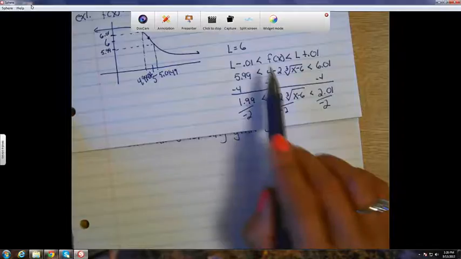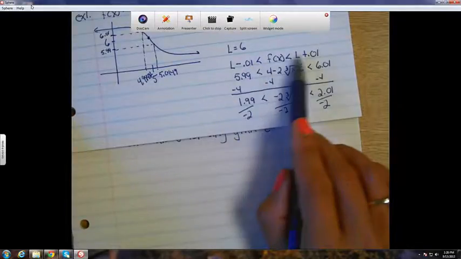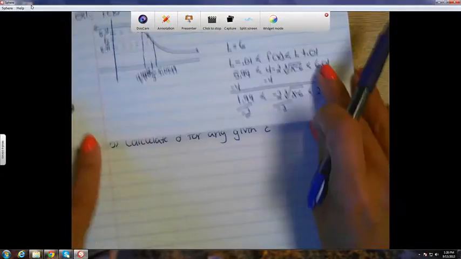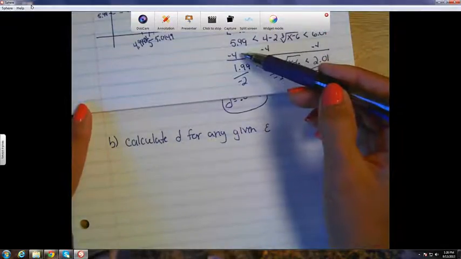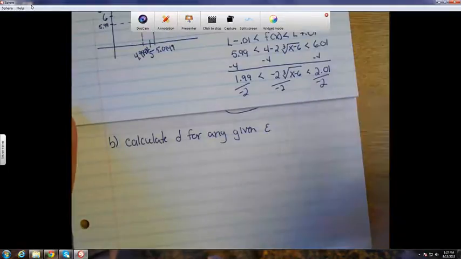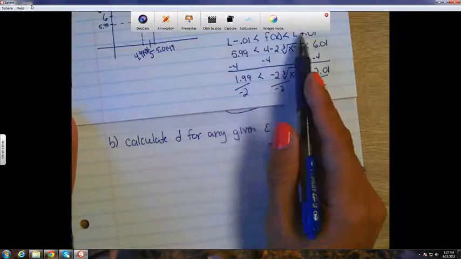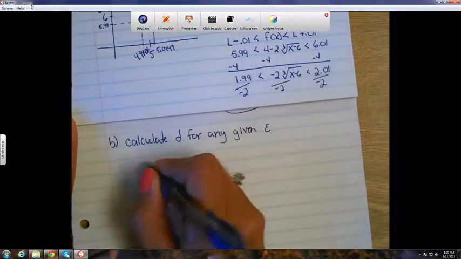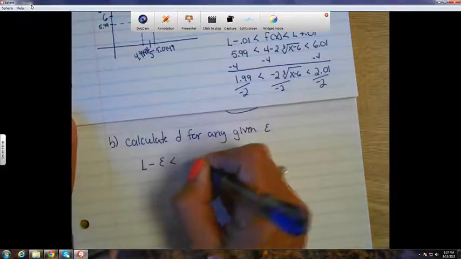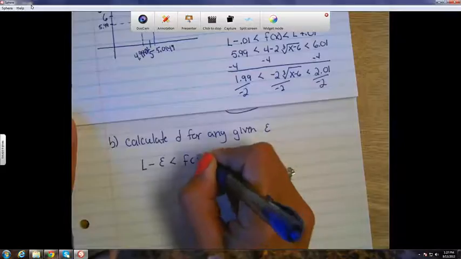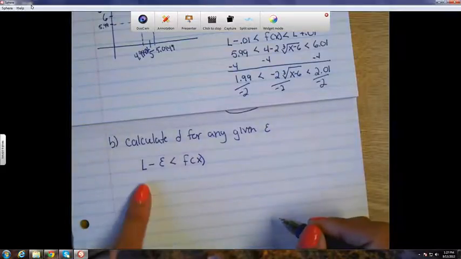And we don't have to do both sides of the inequality, because we know that the smallest delta comes out on the left side of the inequality. So what am I talking about? We're going to start out, instead of the triple inequality, we're just going to go with the left side. It's the limit minus the epsilon is less than the function. We know what the limit is.